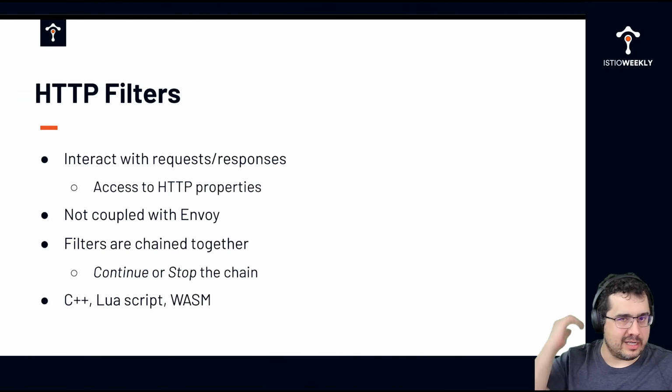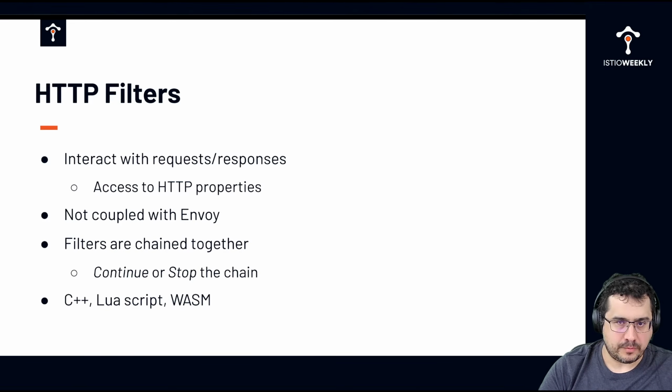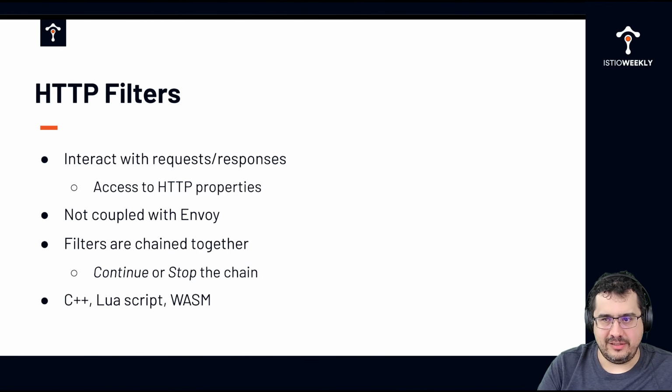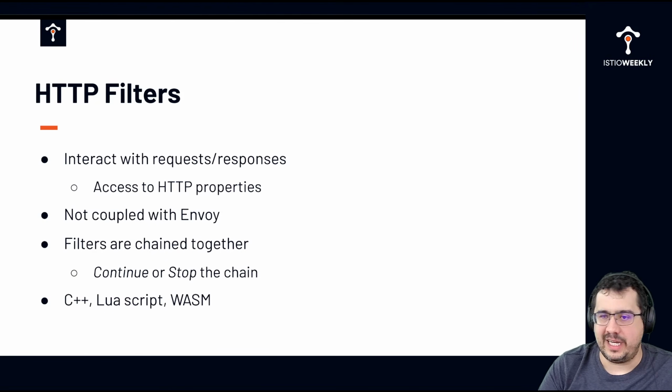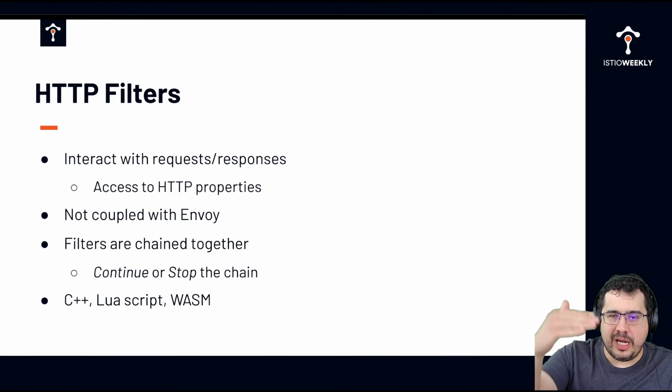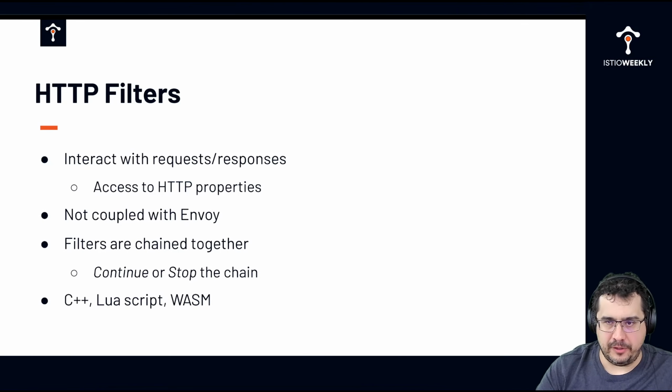This is something that we'll talk about in 2 weeks in the next episode, where we'll talk about WASM. These HTTP filters are chained together. So if you're deploying your own custom filter or configuring any of the existing HTTP filters, you can actually control the order or where in the chain you want to place the filter.